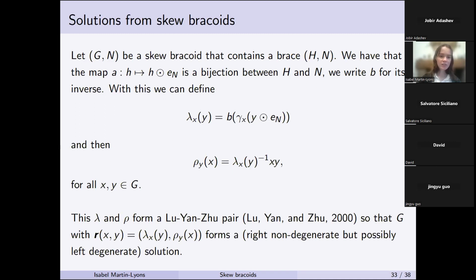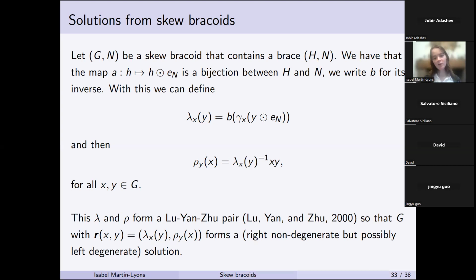With this, we define lambda sub x of y to be B of gamma sub x of y acting on the identity. So again, we have this y acting on the identity to force the argument into H, and this B at the end to pull back into H, but as part of the multiplicative group.